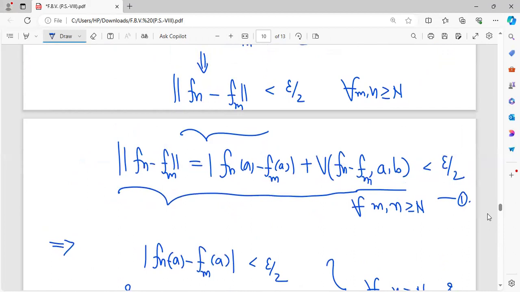Let's say this is equation number 3, because 1 and 2 we have already taken in this practice set.